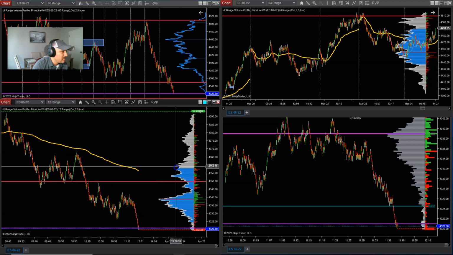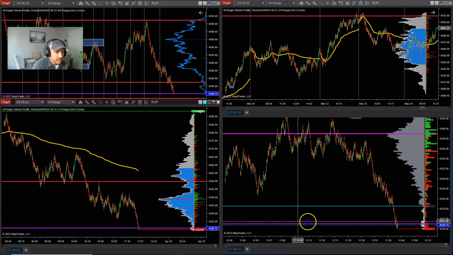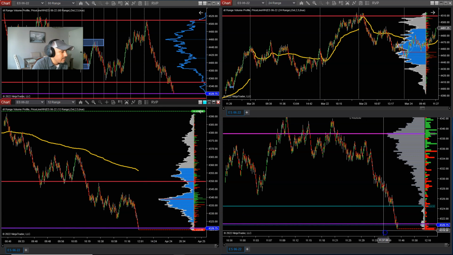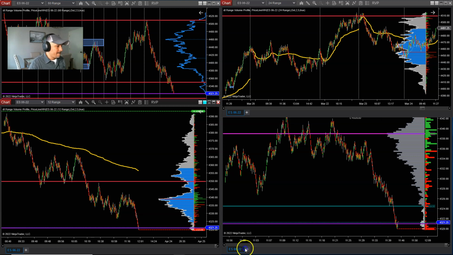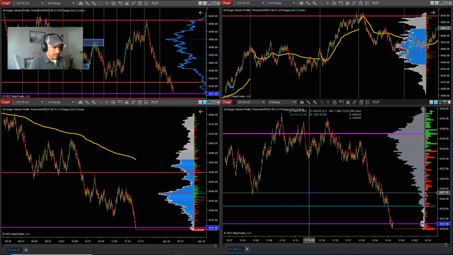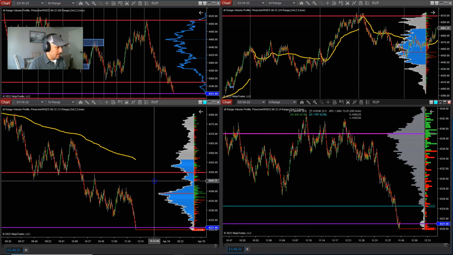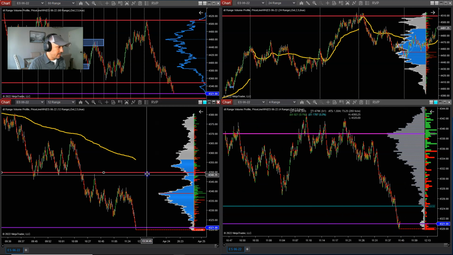But we have to be careful. Right above that, we have an area of resistance as well. Yeah, let's see what happens here. I'll mark this area here.